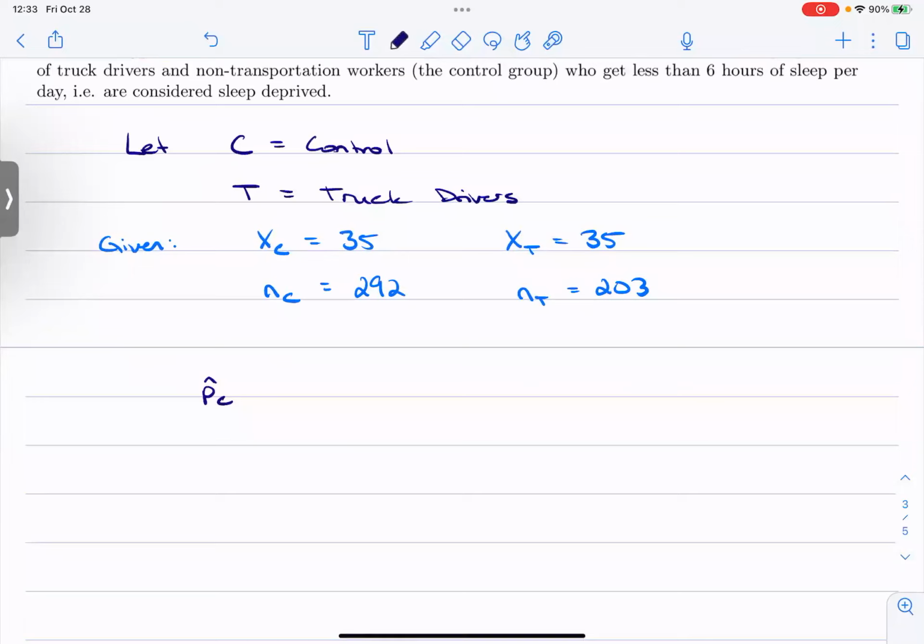So p hat for the control group is going to be 35 over 292. And p hat for the truckers is also going to be 35, but over 203.